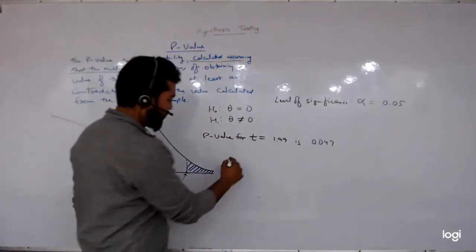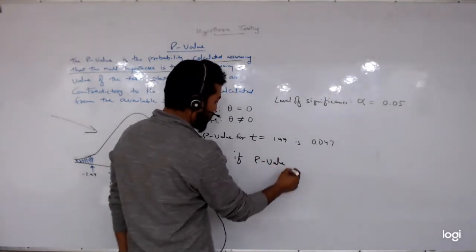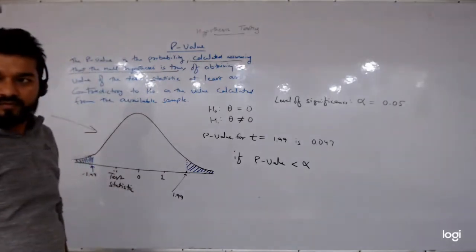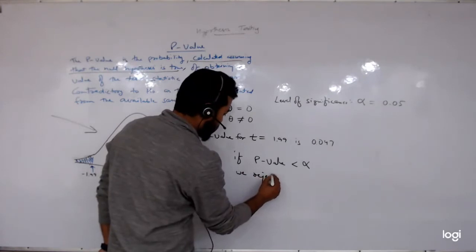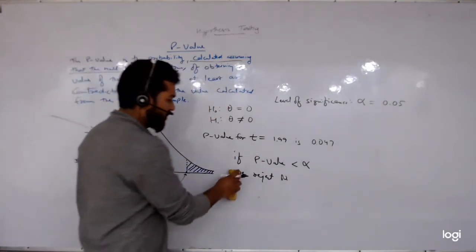Now if the p-value is less than alpha, what do we do? We reject the null hypothesis, and we shouldn't be saying we reject.